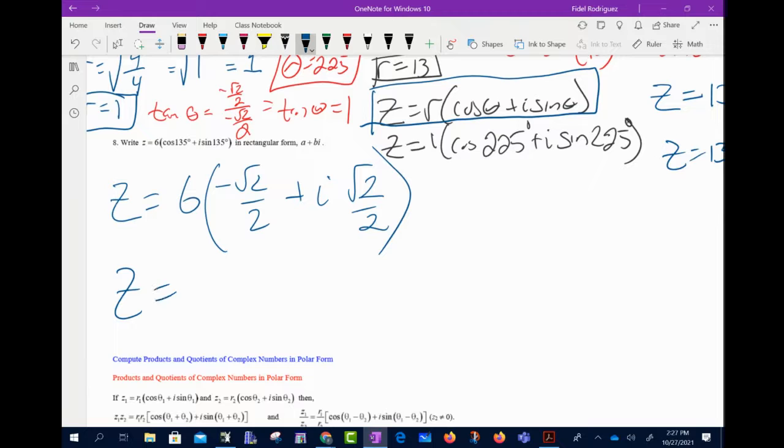So when we multiply by 6, aren't these 2's going to cancel with that 6 and make it into a 3, because the 2's are on the bottom, so the 2 is dividing into the 6. So wouldn't I end up with a negative 3 square root of 2 plus i 3 square root of 2?